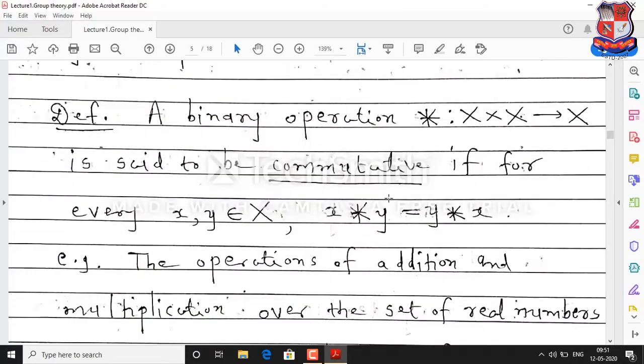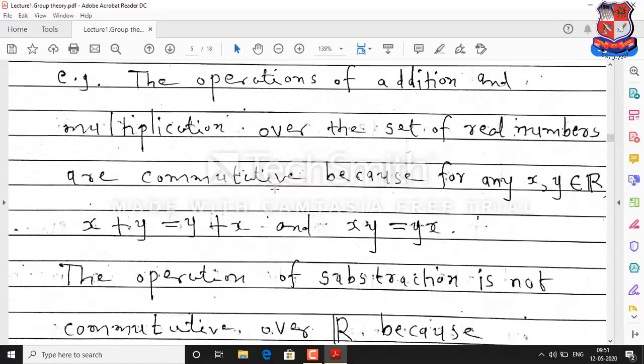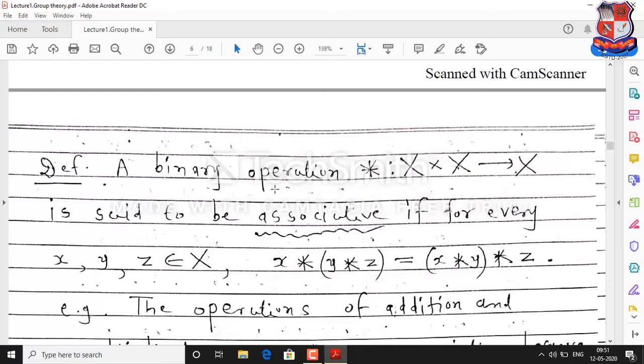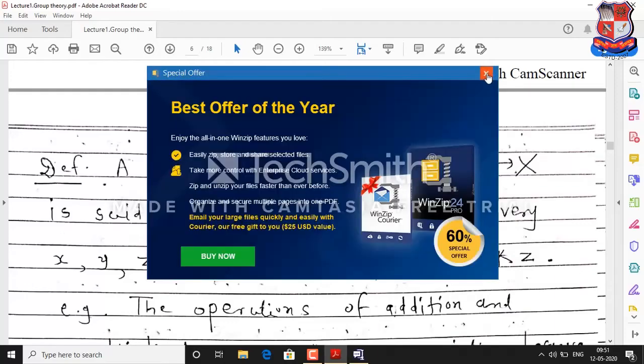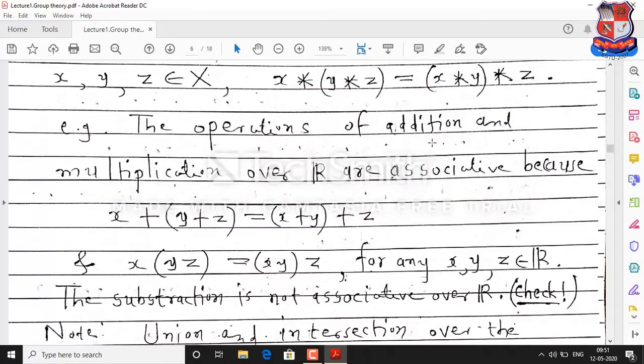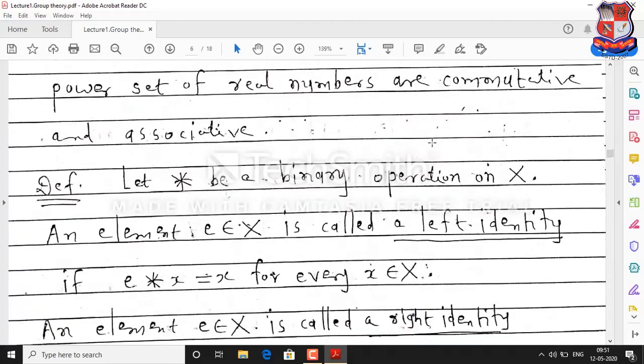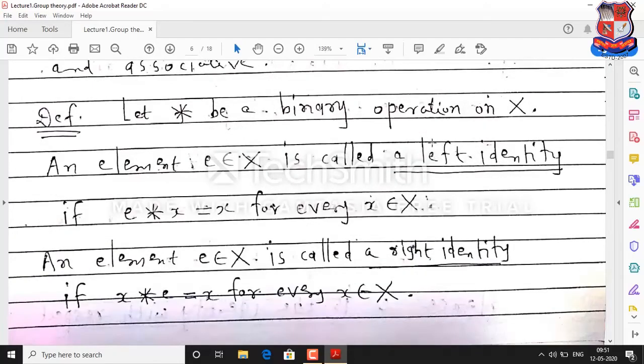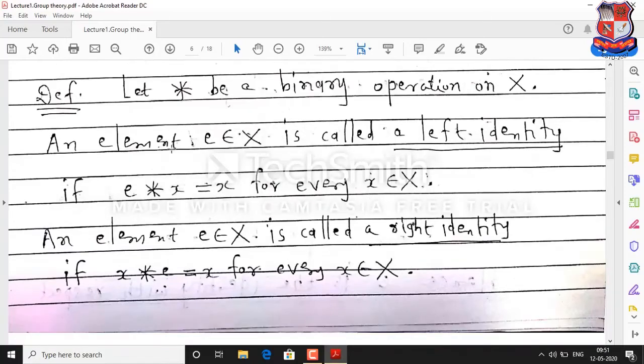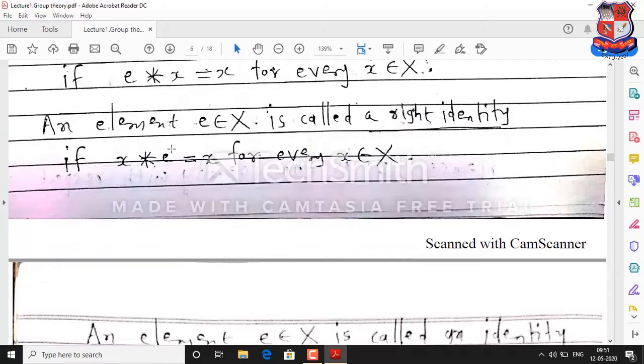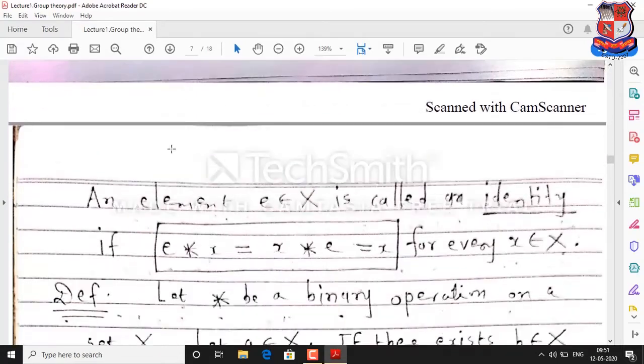If you want to check whether some operation given on a set is a binary operation or not, you just have to check whether, if we consider two elements of that set and we relate those two elements by the operation, then the resulting element must also be in the given set.